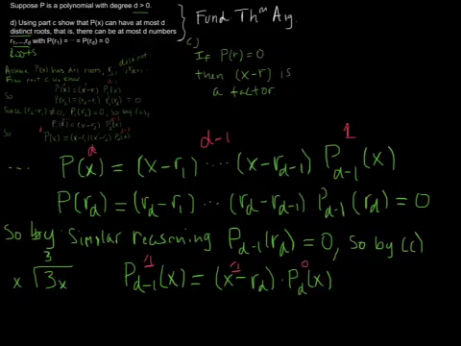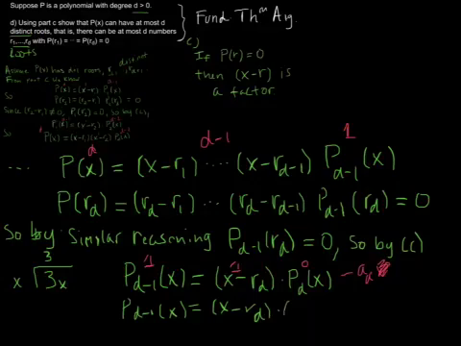This could be some coefficient, a sub d, times x to the 0th power. And x to the 0th power is 1. So all we are left with is this coefficient. And in fact, we're going to just leave it as a coefficient. So p sub d minus 1 of x is equal to x minus r sub d times some coefficient.